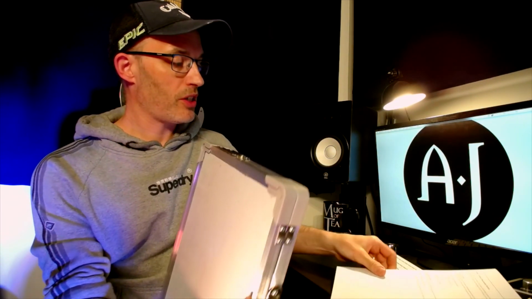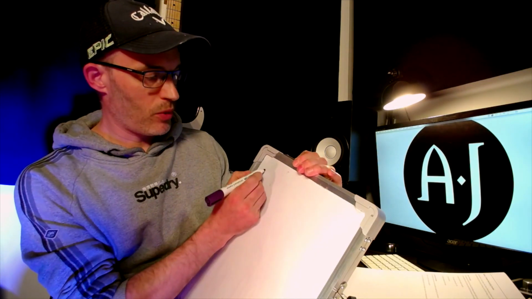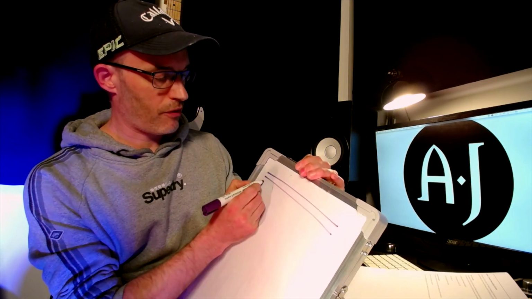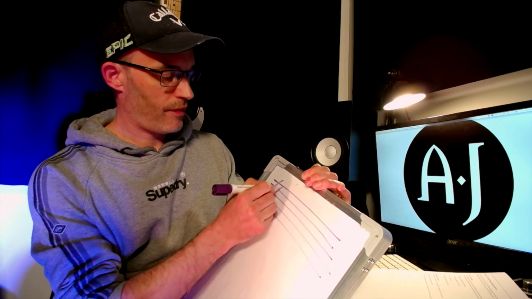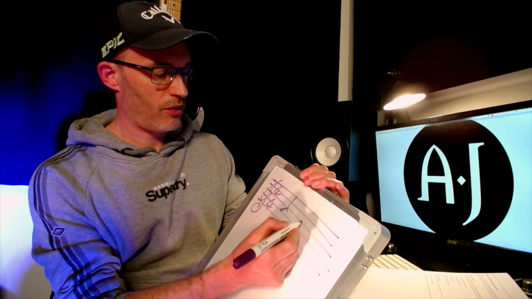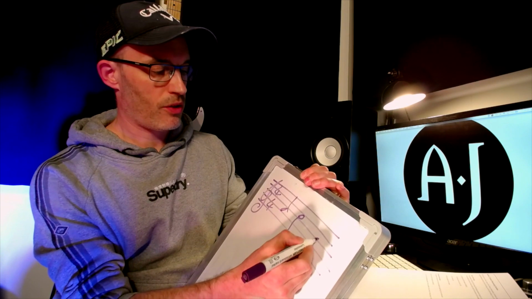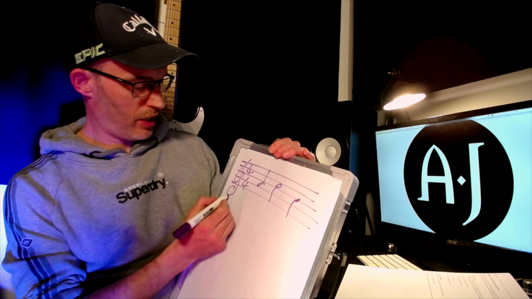Okay. So, first question. You need to identify the music stave and the tab. The music stave, that's the bit that has 5 lines, and it has different note lengths upon it. That's your music stave.